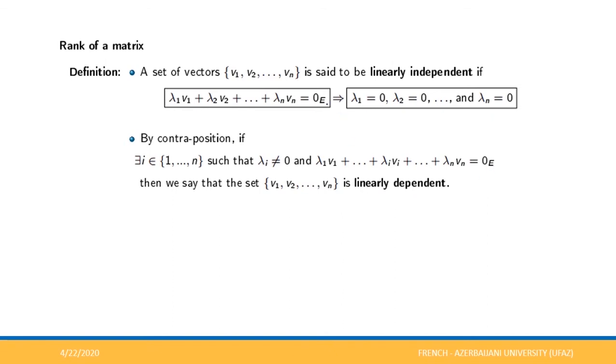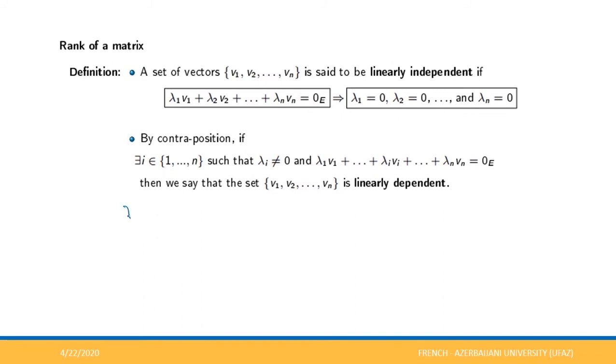Here, 0 is the 0 element or 0 vector of the space from where we take these vectors v1, v2, vn. I'll give you detailed information about linearly independent and linearly dependent sets in the topic of linear spaces. Okay, let's find the value of lambda i vi from this expression.